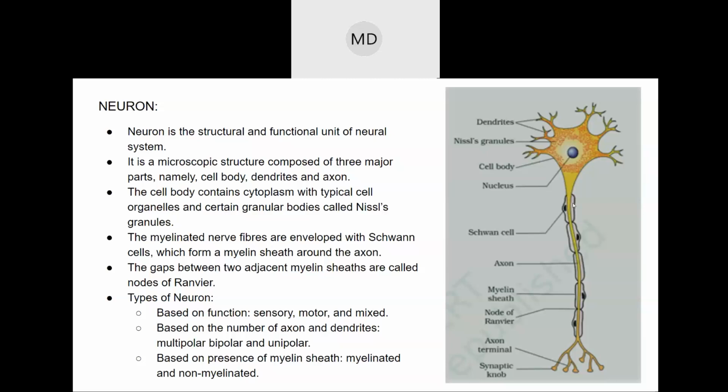In the same way, in the axon also, the myelin sheath acts as an insulator. Am I clear? And the myelin sheath is formed by the Schwann cells.